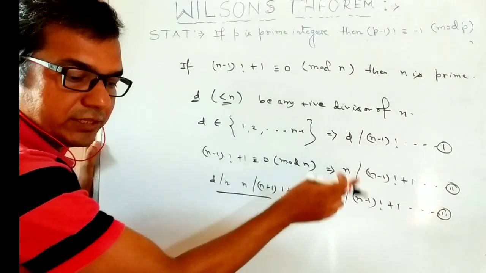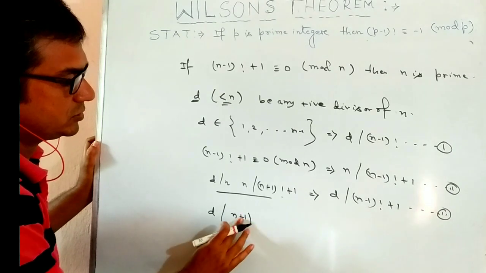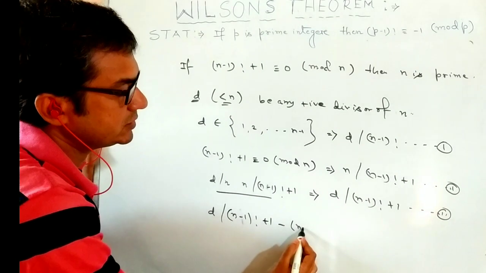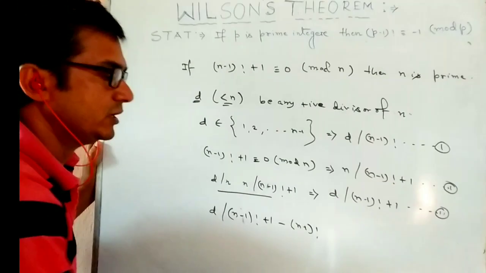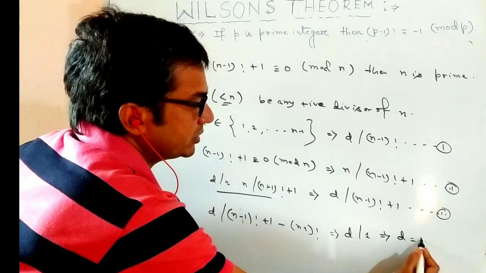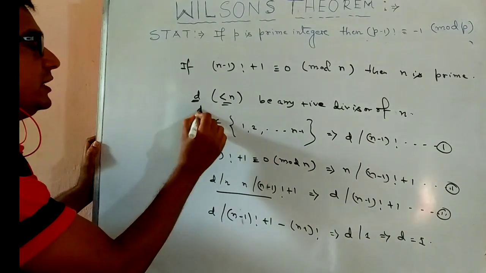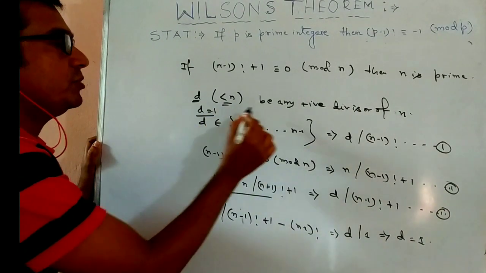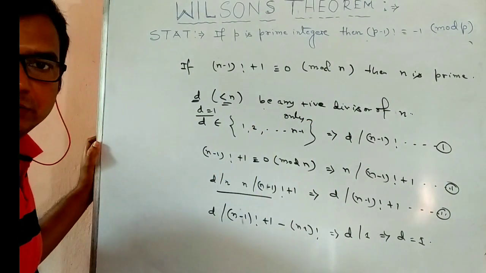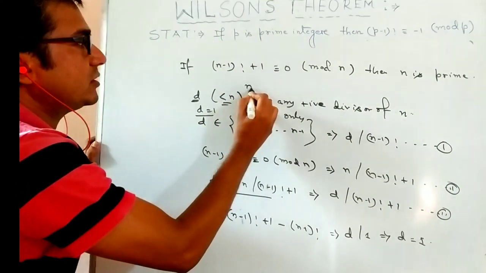And from 1 and 3 we get d divides (n-1)! + 1 - (n-1)!, that is d divides 1, which implies d must be equal to 1. So we say that d = 1 is the only positive divisor of n which is less than n. So n must be prime.